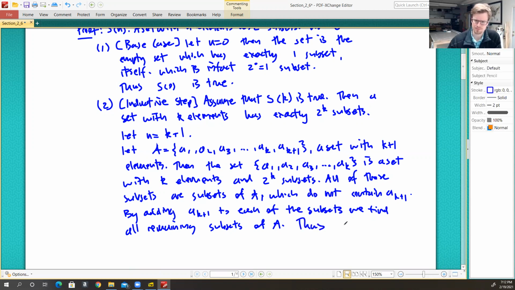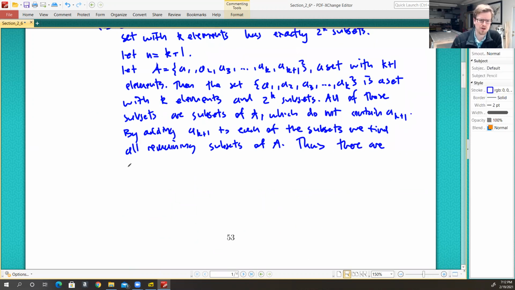So thus, there are, right, we found 2 to the k subsets of this guy, plus 2 to the k subsets where we took those same 2 to the k subsets and joined a sub k plus 1 to them. When we did that, that gave us 2 to the k new subsets.